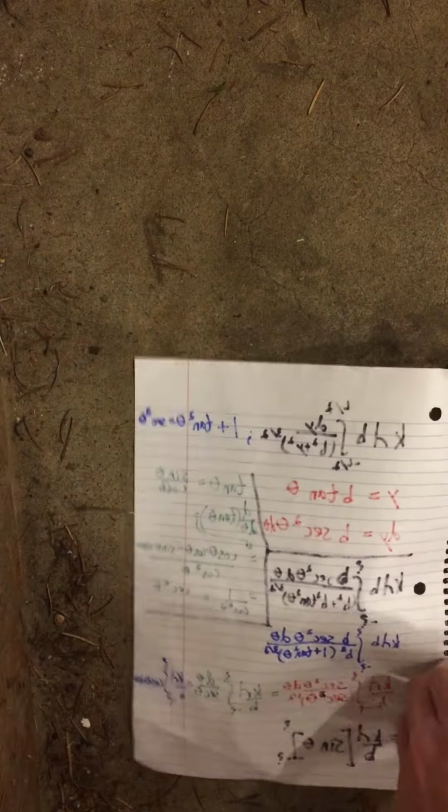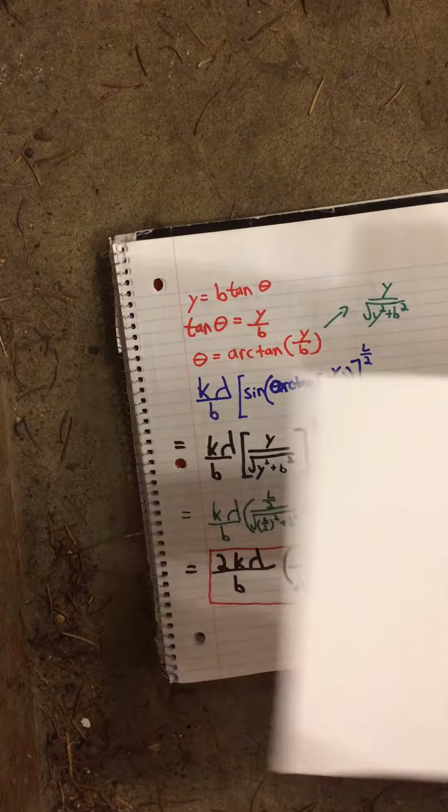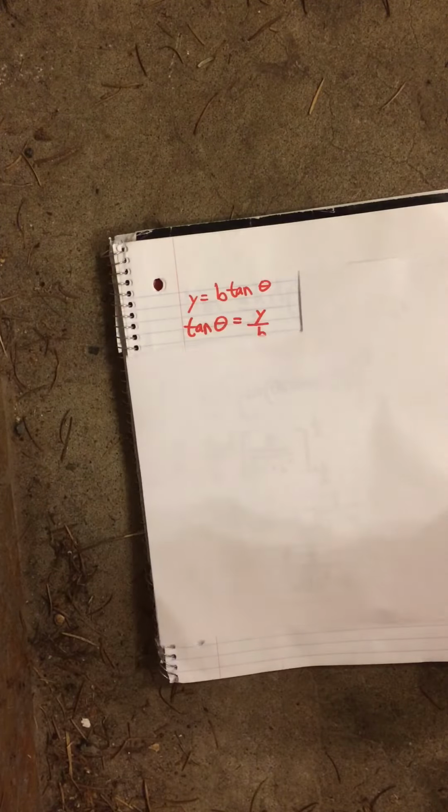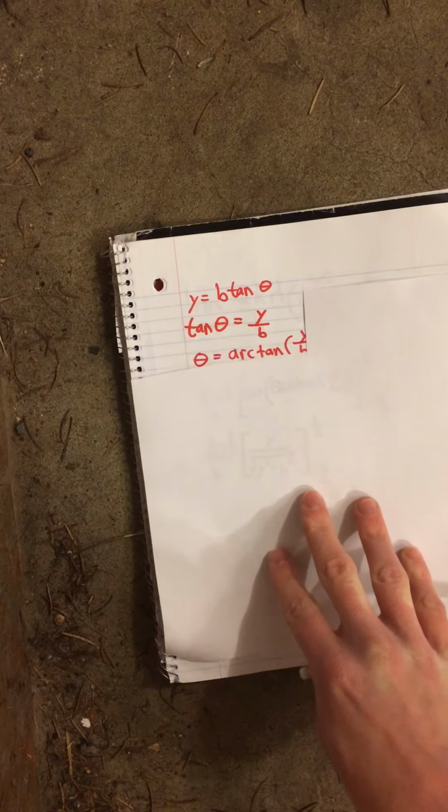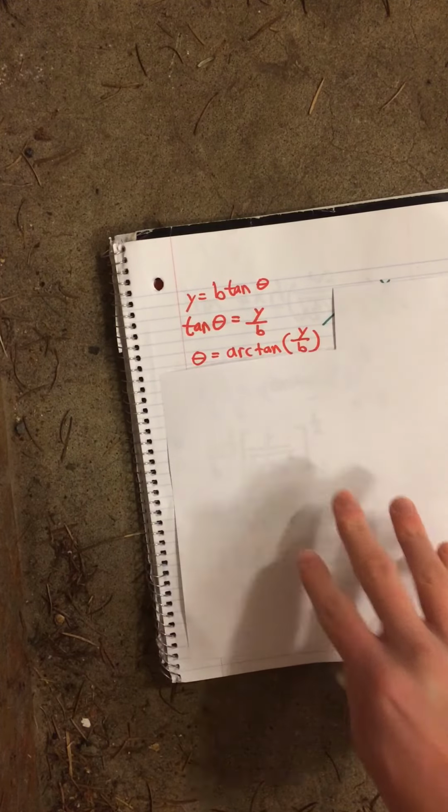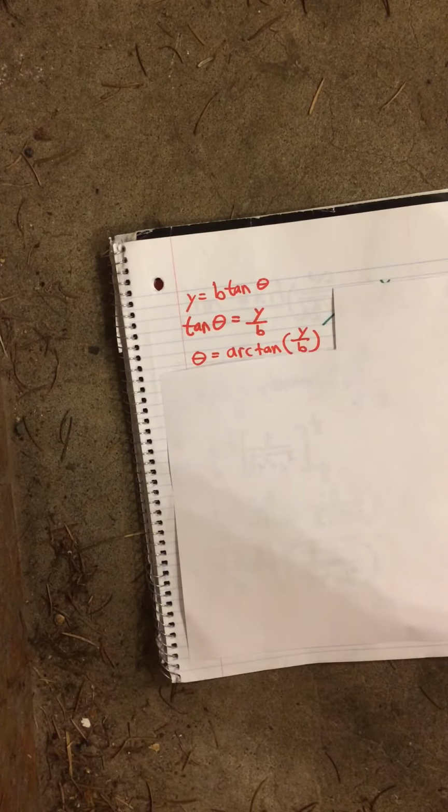Moving on. We started with y equals b tangent theta. If we rearrange and solve for theta, then we get theta equals the arctangent of y over b. The arctangent is also called the inverse tangent.